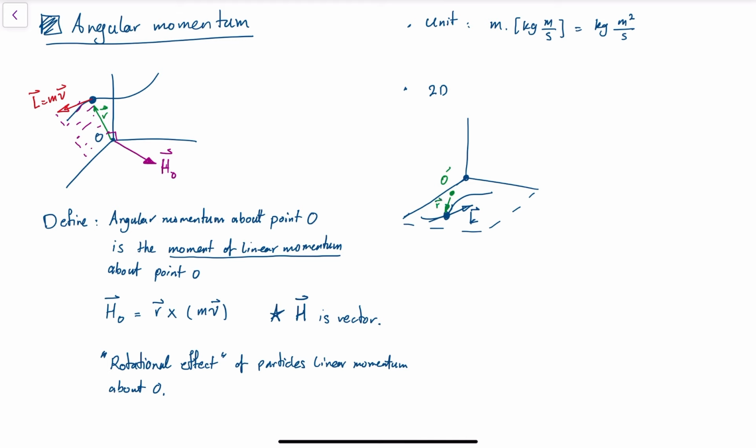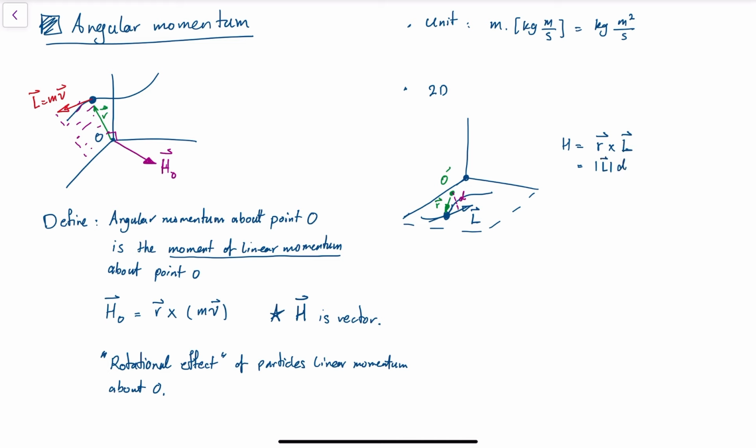Or it is norm of L times d, the shortest, perpendicular distance, and the direction in this case, because I'm in 2D, I know the vector h must be perpendicular to both L and r, essentially perpendicular to the plane of motion.